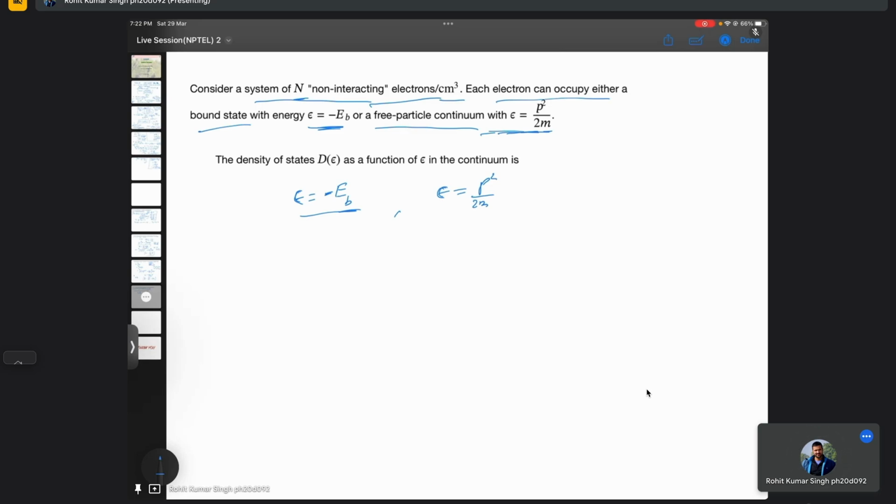And it is given that it is non-interacting, so we can consider it as an ideal system.